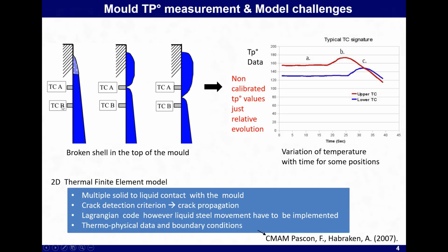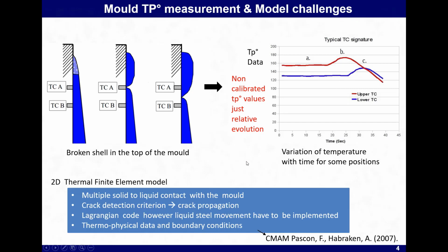And a little deeper at location B, in the beginning you are stationary, you stay stationary a little longer, but the crack has propagated, so you also have a bump. Such a signature can help you detect the sticking breakout phenomenon.